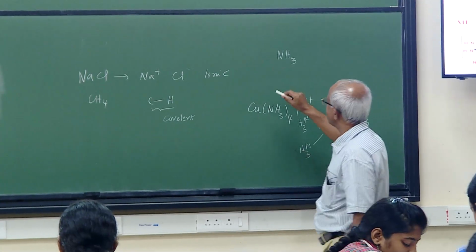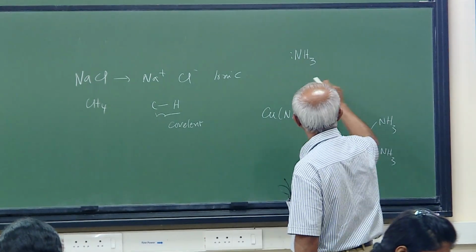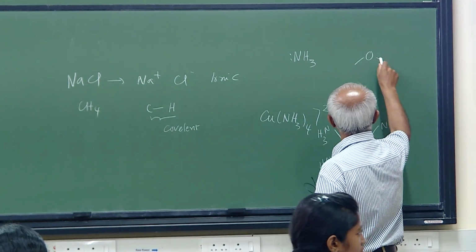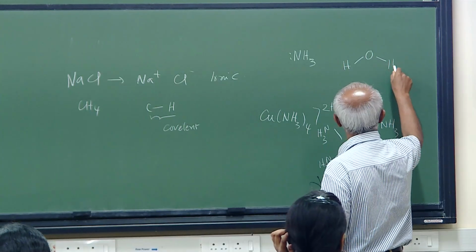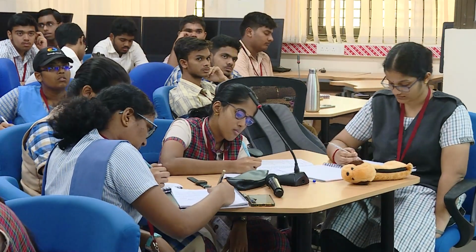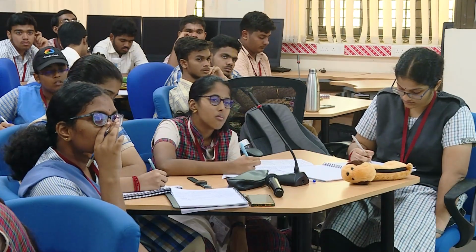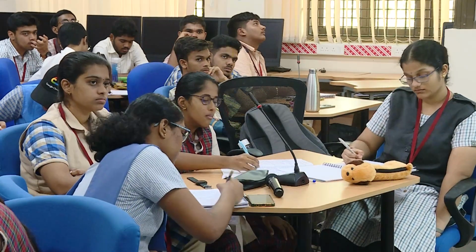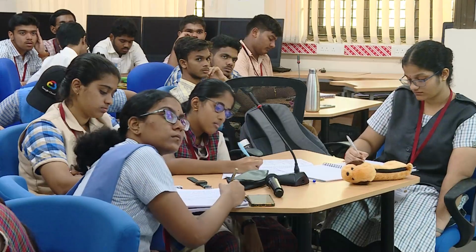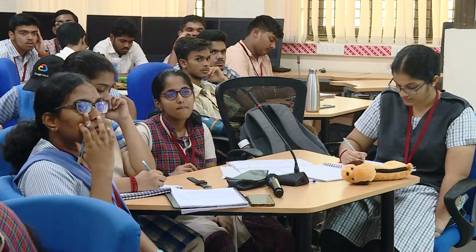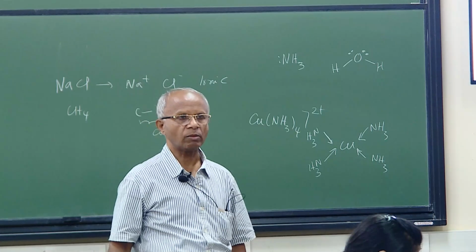So nitrogen has a lone pair of electrons, water has 2 lone pairs of electrons, right? So these lone pairs are donated to the metal. If you show it with a bond, an arrow, that refers to a coordination bond.